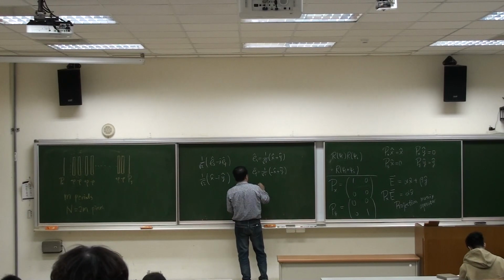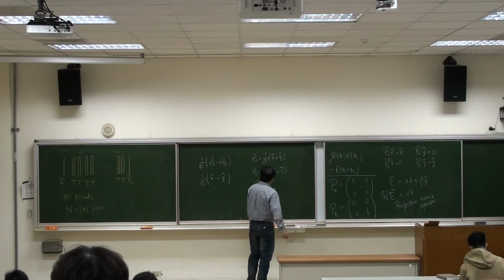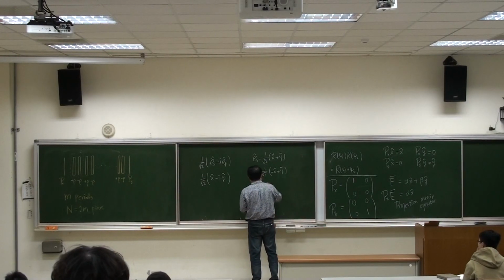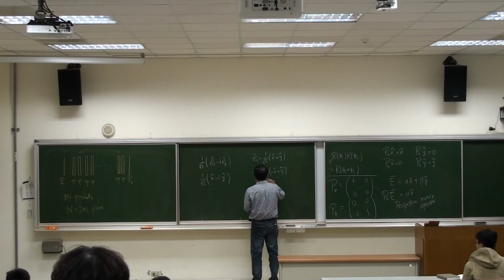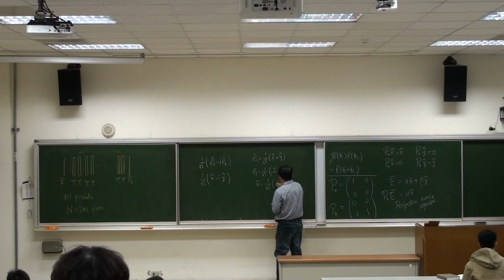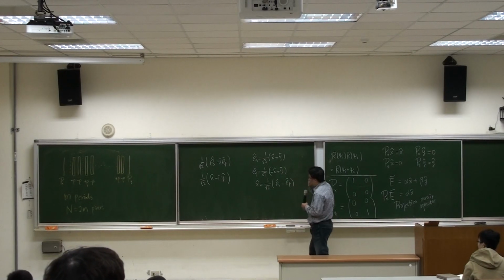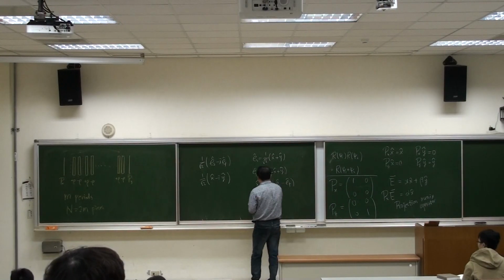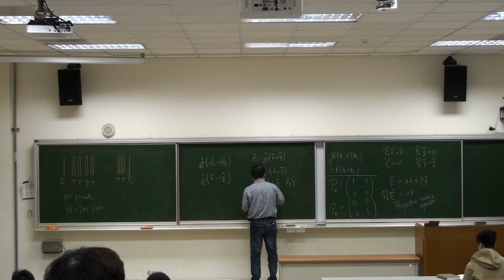So this means that X can be written as one over square root 2 of ES minus EF. And Y can be written as this.